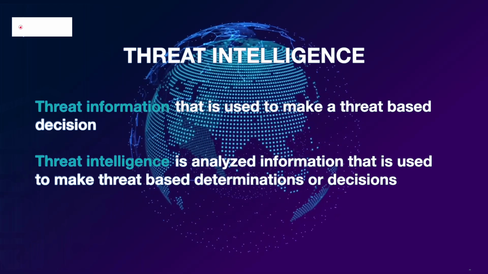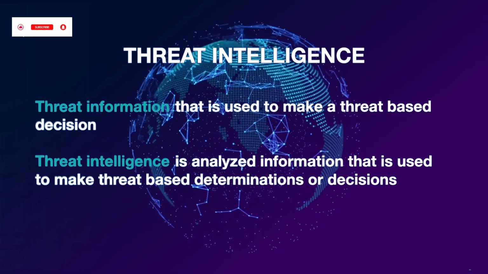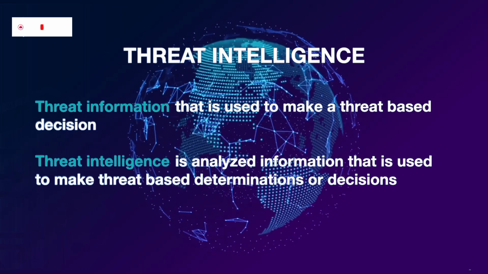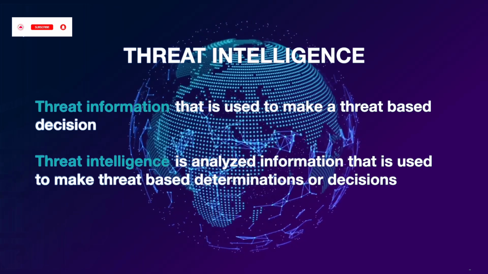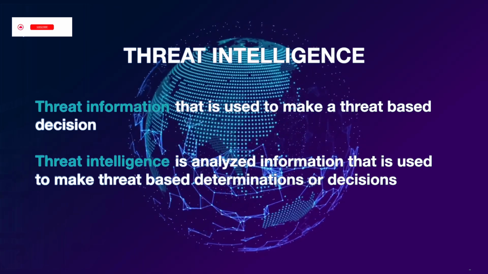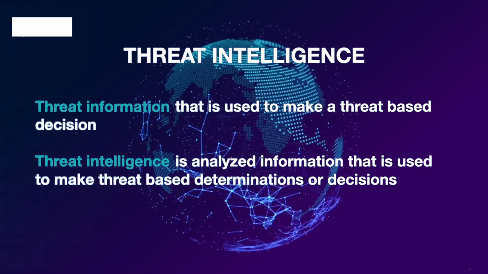Better security defense is going to be derived from proven tactics, techniques and procedures, TTPs. And the more agile we can be in this process and maintain awareness, the faster we can respond to emerging threats.